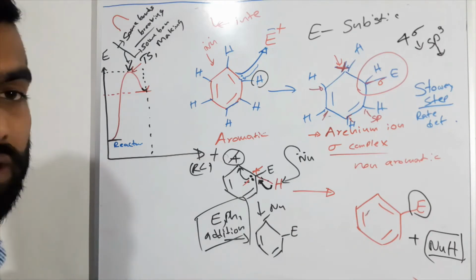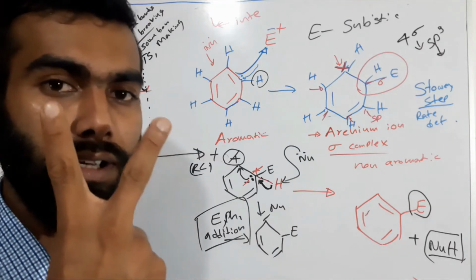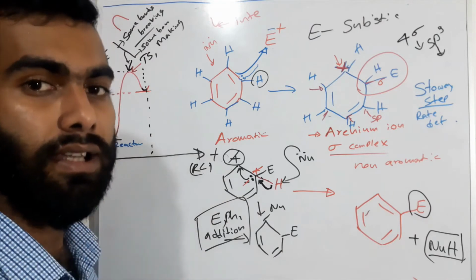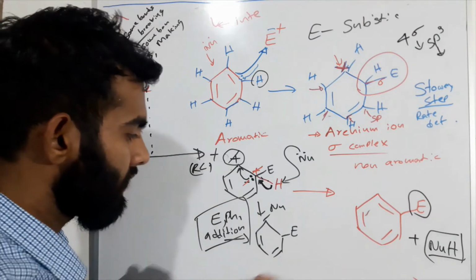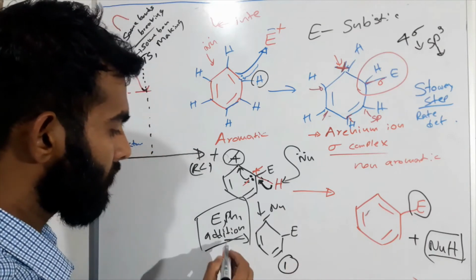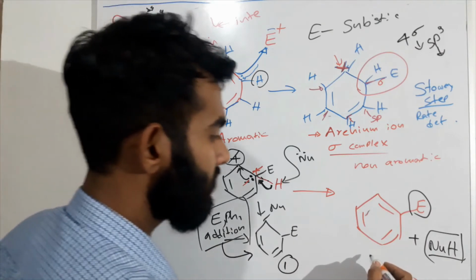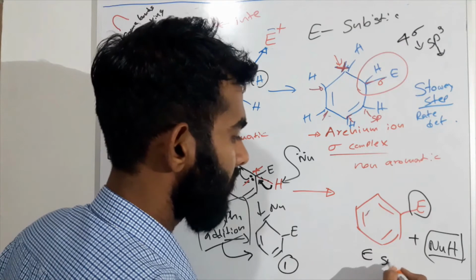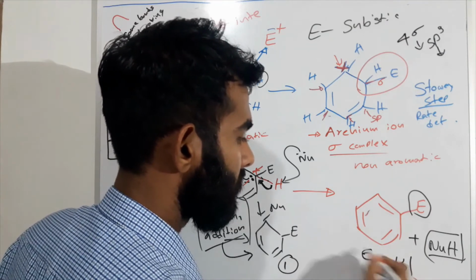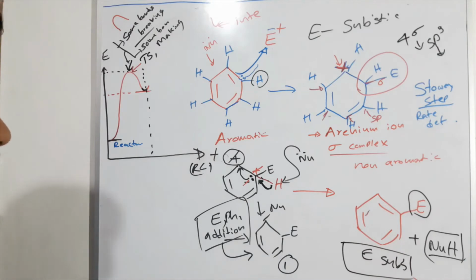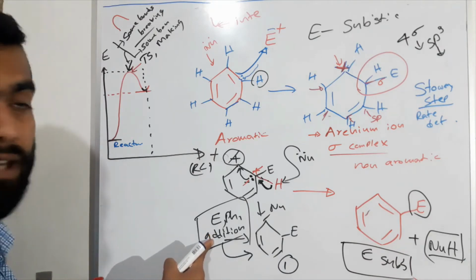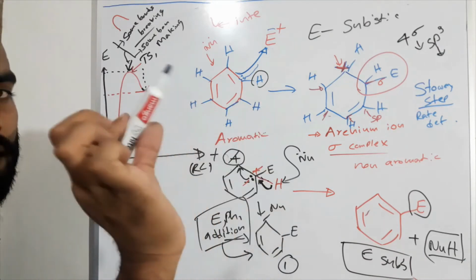What is going on in the second step? Theoretically we can predict 2 products. The first one is this electrophilic addition product. The second one is this electrophilic substitution product. If it is an electrophilic addition reaction, I will draw it in my blue pen.